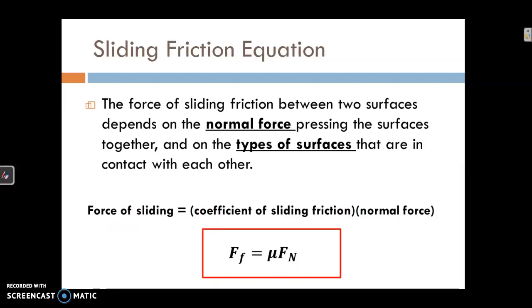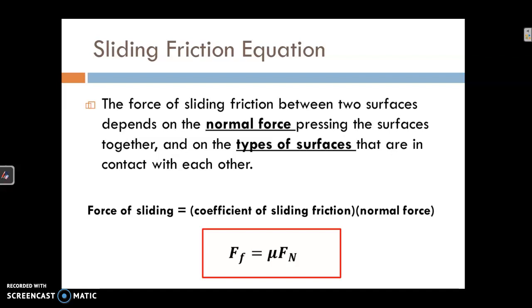So we have a sliding friction equation. The force of sliding friction between 2 surfaces depends on the normal force pressing the surfaces together and the types of surfaces that are in contact with each other. So the force of sliding friction, or F sub F, equals the coefficient of sliding friction, which is that weird looking m.